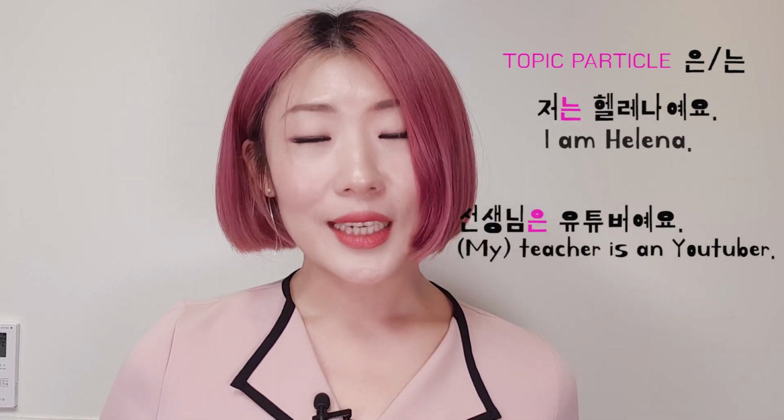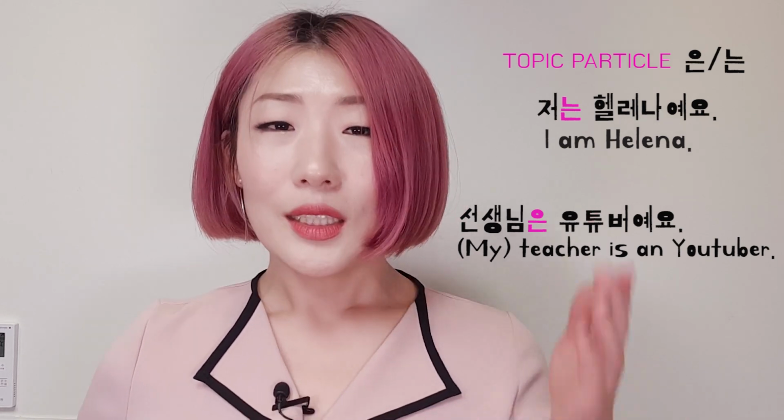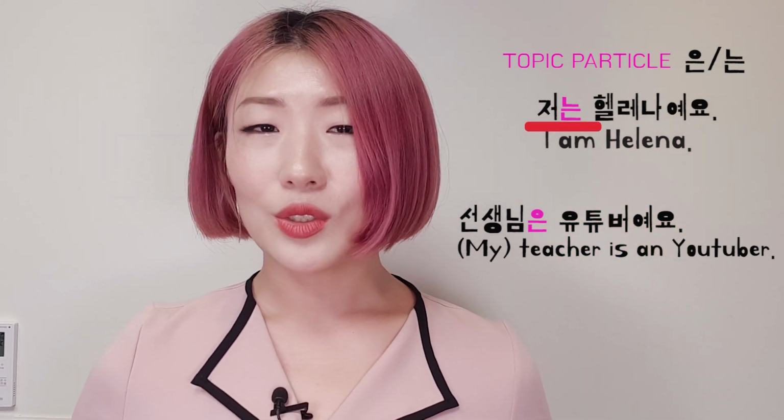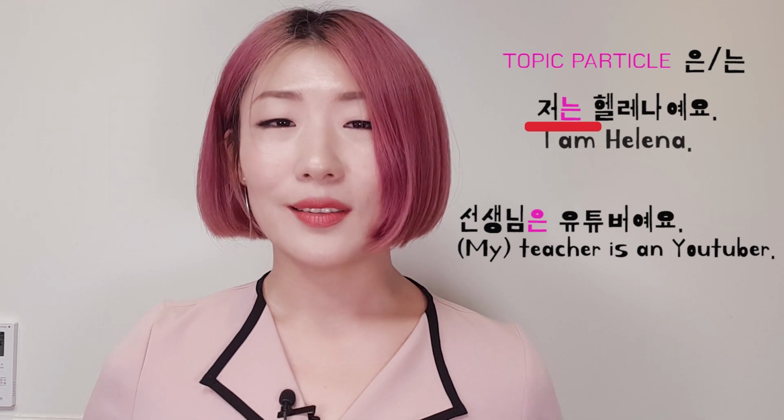Before we start, let's briefly review what we've already learned about the topic particle 는. I can say 저는 헬레나예요. And also 선생님은 유튜버예요. 저 has no final consonant, so we can use the 는 particle there.